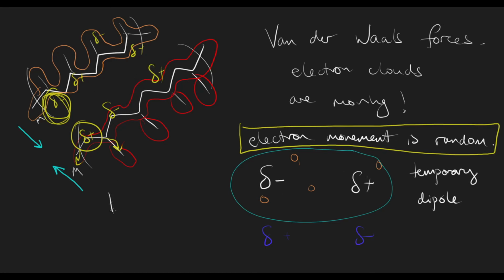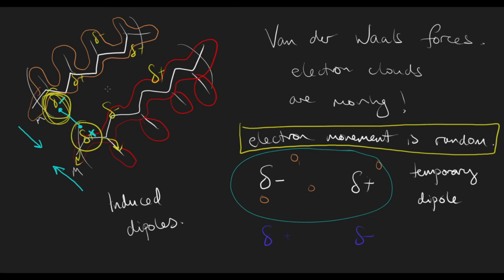This is called induced dipoles. And this results in a bonding effect. It's a weak bond. It's not as strong as a covalent bond. It's certainly not as strong as an ionic bond. But this is still a bond. This is still an attractive force between them. So this attractive force is felt between the two dipoles, because on the one half I have delta negative, and on the other half I have delta positive.